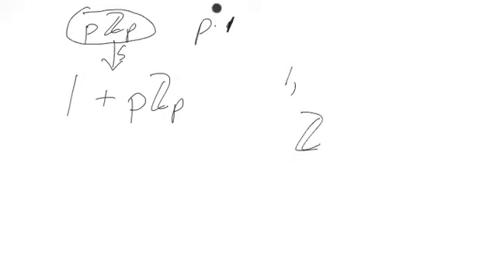So there's a generator of pZp, which is p itself, and that is at least the topological generator of that, and via this isomorphism gives us a topological generator of this guy.